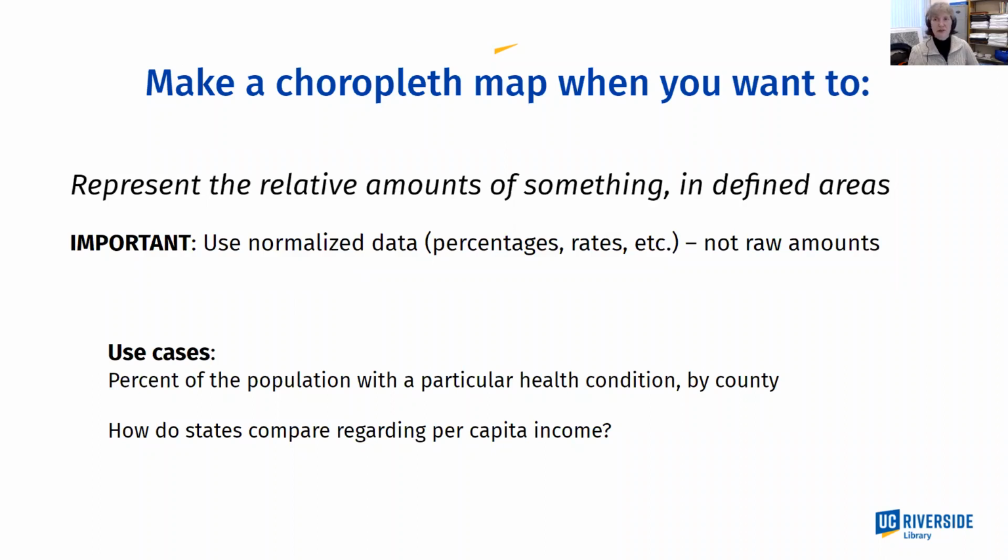It's very important not to be deceptive when you're making a choropleth map. So use cases would be, what is the percentage of the population that has a particular health condition in each county? Or how do states compare regarding per capita income? Again, those aren't raw numbers. They are calculated on a percentage or something like that.